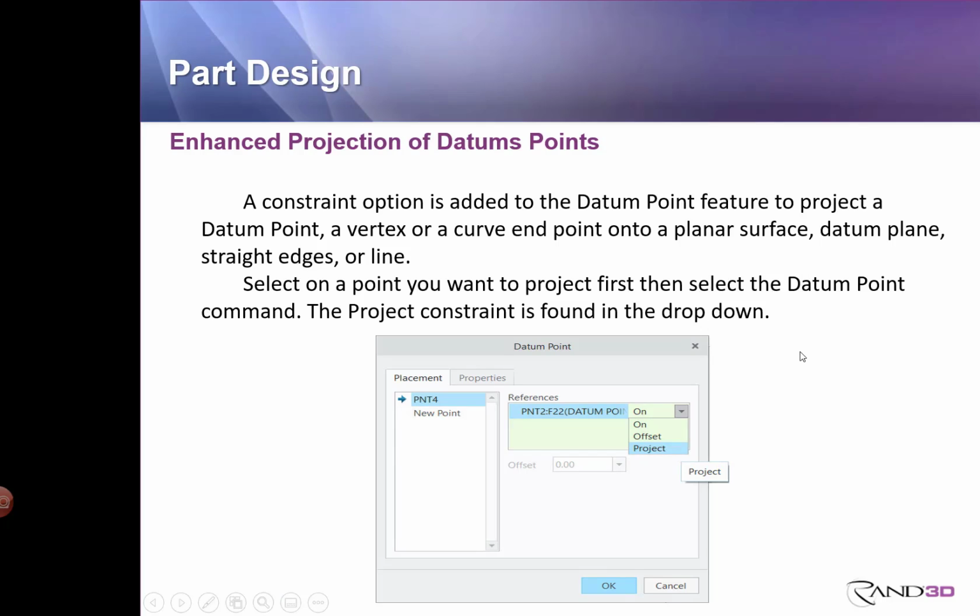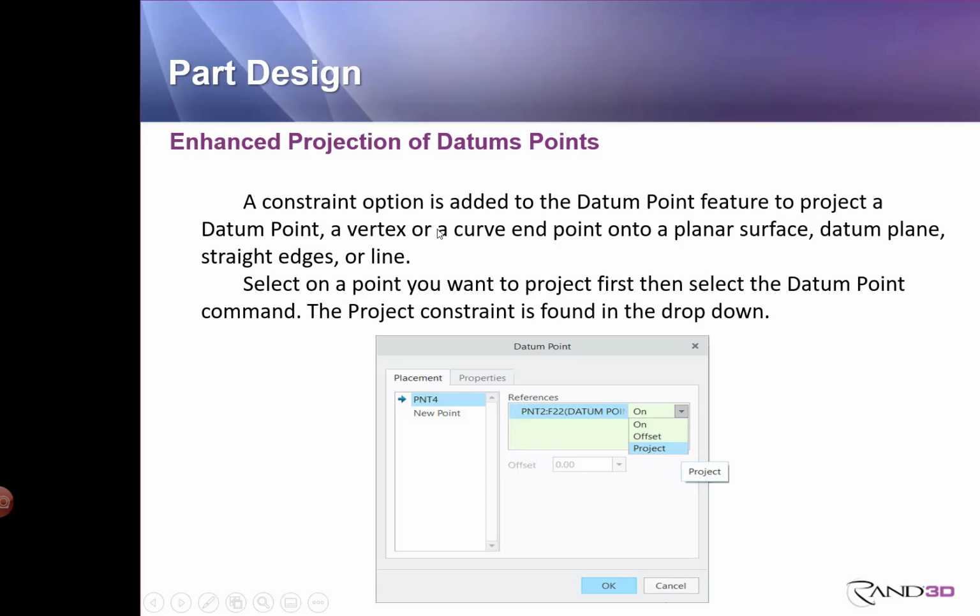Changing from fundamental changes to part design specific changes, when you're building a datum point, inside the datum point command, there's a new project command or function. First, what you'll do is you will select on an existing datum point, curve, endpoint, or vertex.